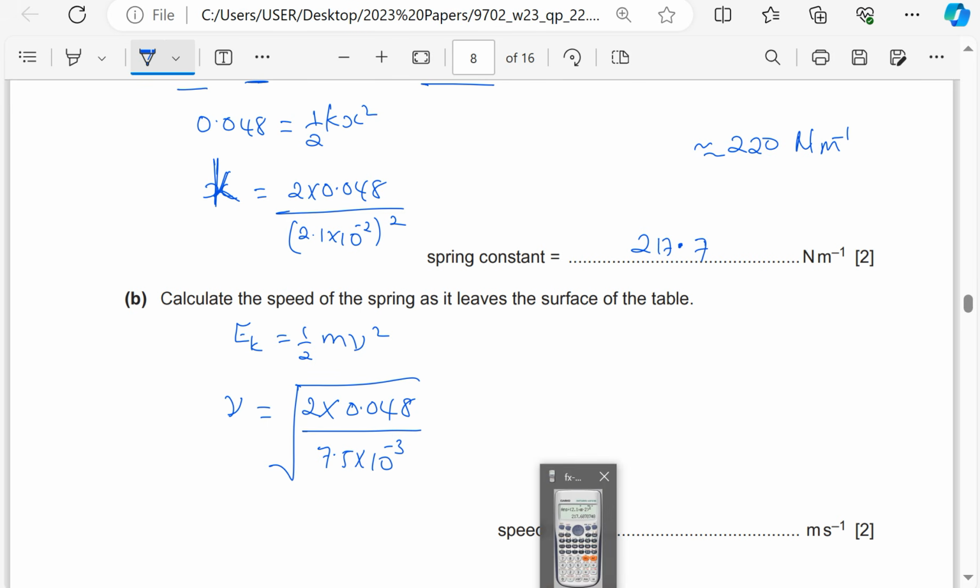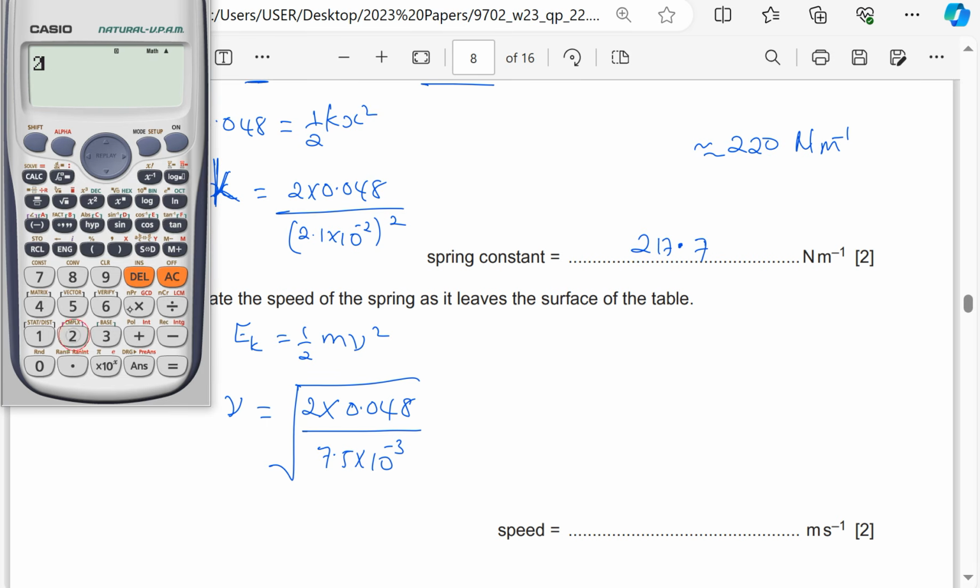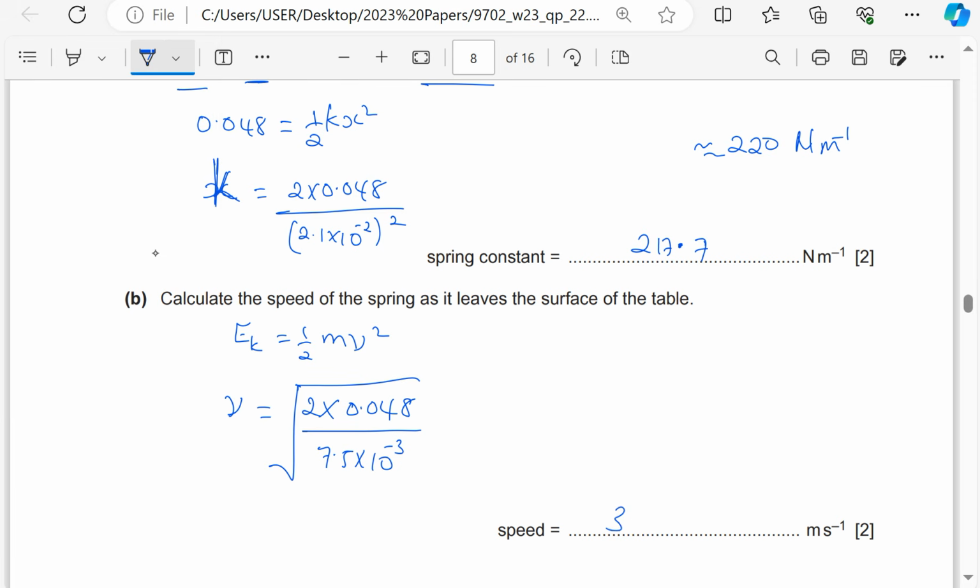So I'll check with my calculator: 2 times 0.048 divided by 7.5 times 10 to the minus 3. Then I find the square root of the answer. So that is 3.58.